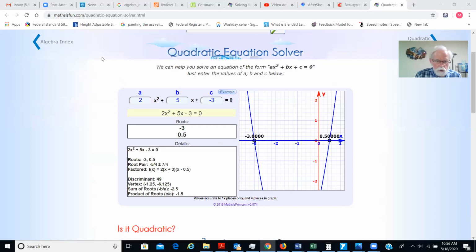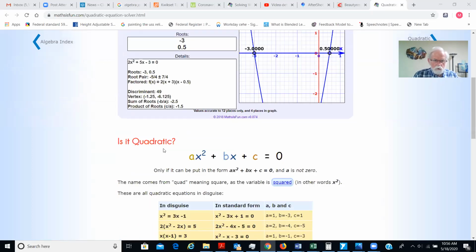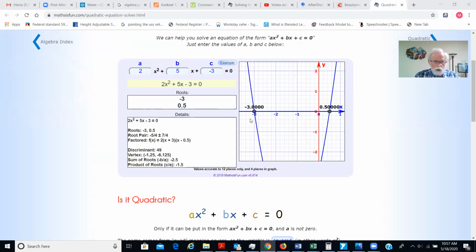So here, remember that a quadratic equation is ax squared plus bx plus c equals 0. So we rearrange the quadratic equation to have a 0 on the right side in our problems. Then we simply plug these values into this solver, and it gives us the answers.